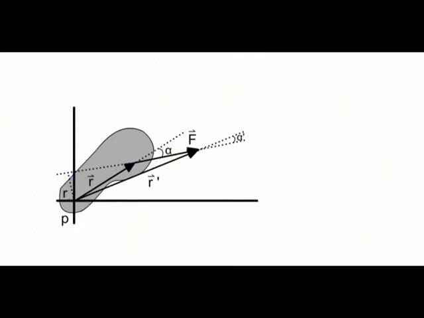So the moment of vector F with respect to point P is r cross F, which is mod r into mod F into sin alpha. It is equal to mod r dash into mod F into sin alpha dash.